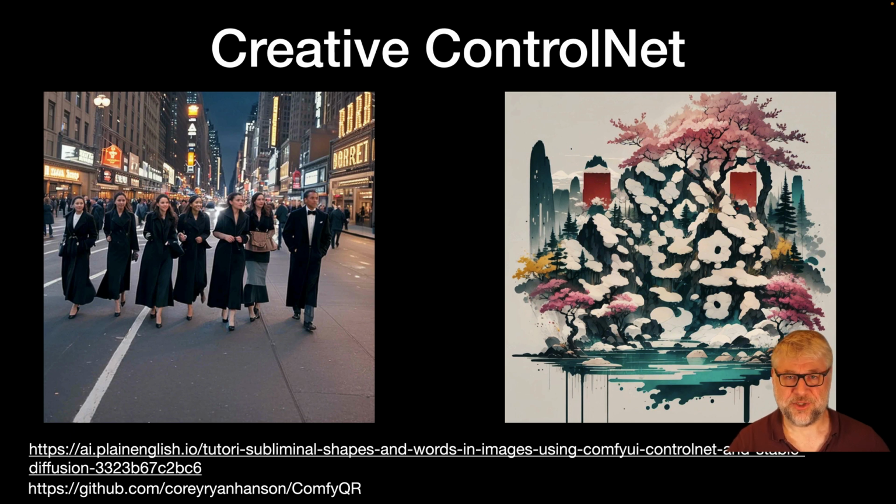Now, I've shown you how you can do more structure, and people have been using this to create creative structures. Look at the image on the left. It shows you a bunch of people walking down the street. That's nice, and we could have put the poses in there. But now squint your eyes and look at the image and make sure that you see the hidden message. Well, did you get it? It shows obey.